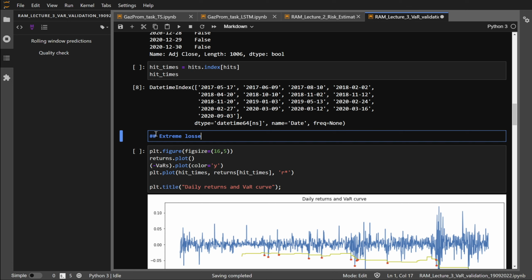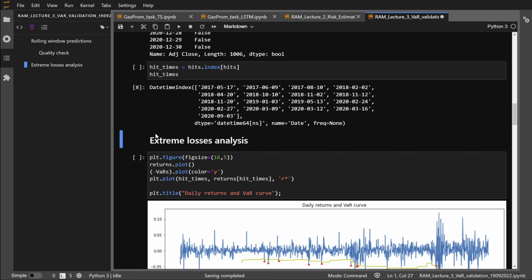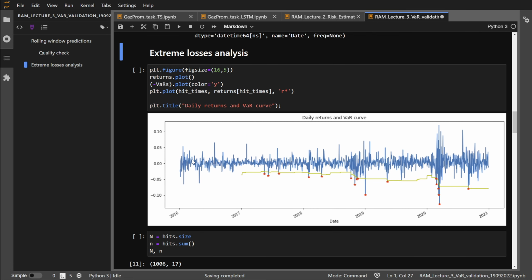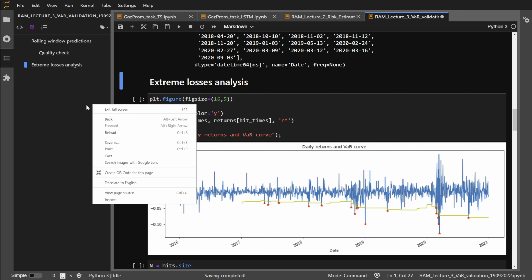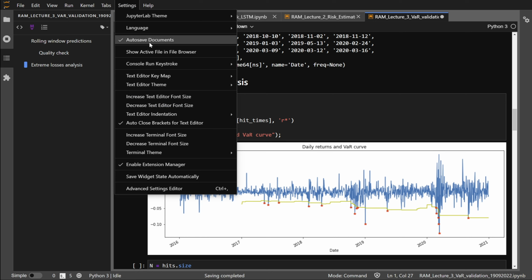So let's first of all calculate the entire number of observations. So the length of the historical period over which I calculated value at risk and observed realized losses. This is very easy to do.